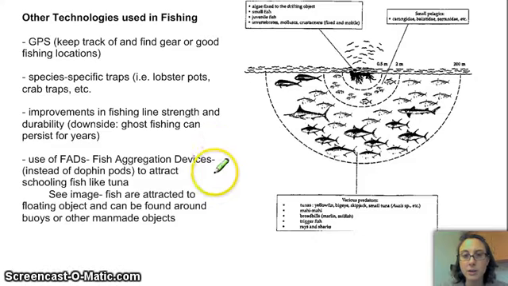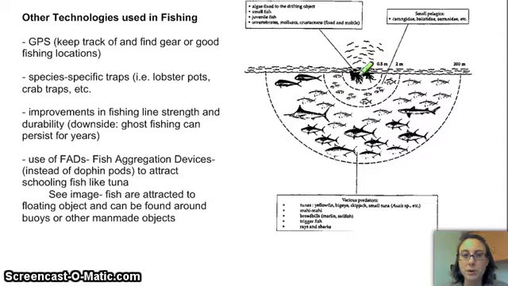And another thing that they're starting to use, for example, to avoid the trapping or harming of something like dolphins, is that scientists have noticed that fish like to aggregate or sort of congregate around a floating object. In this picture, we've got some algae floating caught on a log, but you can also have something like a buoy or another man-made object.